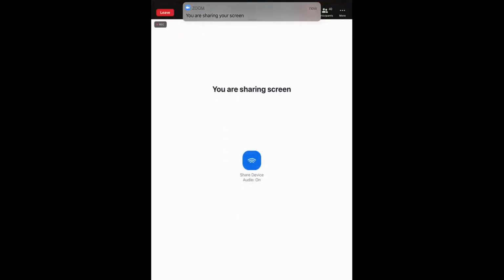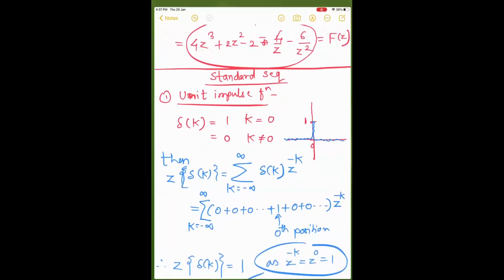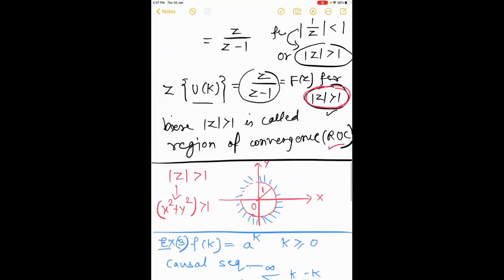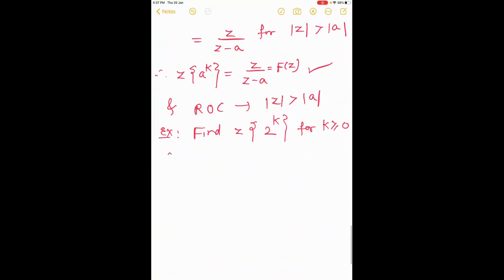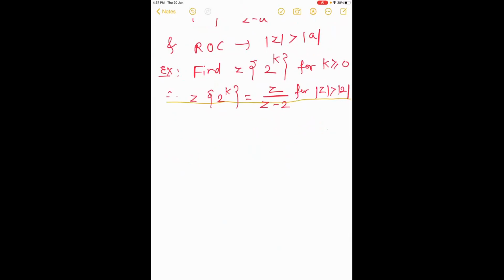So in whatever a raised to k form it is given, you just put that answer and remember this is a standard formula. Therefore, the z transform of 2 raised to k is equal to z upon z minus 2 for mod z greater than 2. That's it.